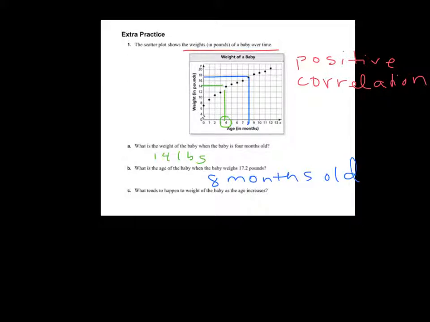We were lucky here because there were actual data points that fell in the places they were asking us about. So if you look at C, it asks what tends to happen to the weight of the baby as the age increases, and we said that the weight also increases. And that's what caused that positive correlation. Okay?